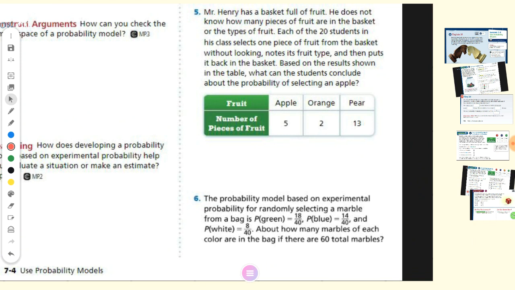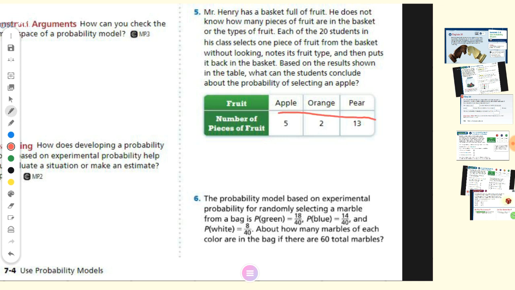Each of the 20 students in the class selects one piece of fruit from the basket without looking, notes its fruit type, and then puts it back into the basket. Based on the result shown in the table, what can students conclude about the probability of selecting an apple?